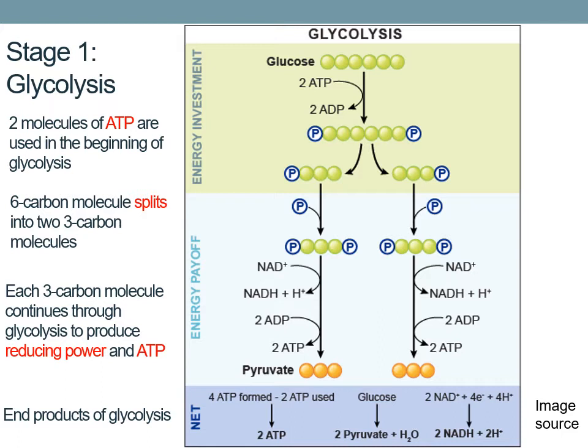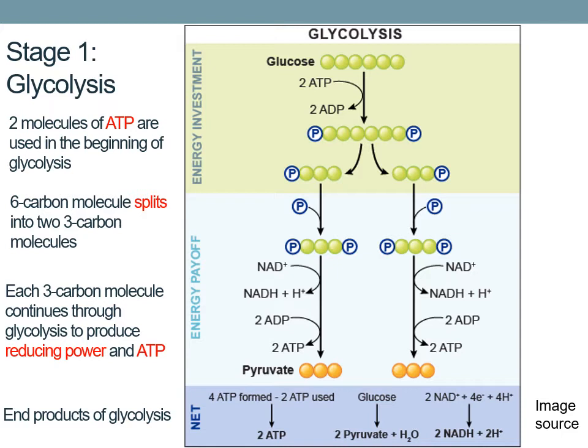So in the first part of glycolysis, two ATP molecules are used, which is why it's called the energy investment stage. At the end of this initial phase of glycolysis, the 6-carbon glucose molecule is split into two 3-carbon molecules that enter the second phase of glycolysis.